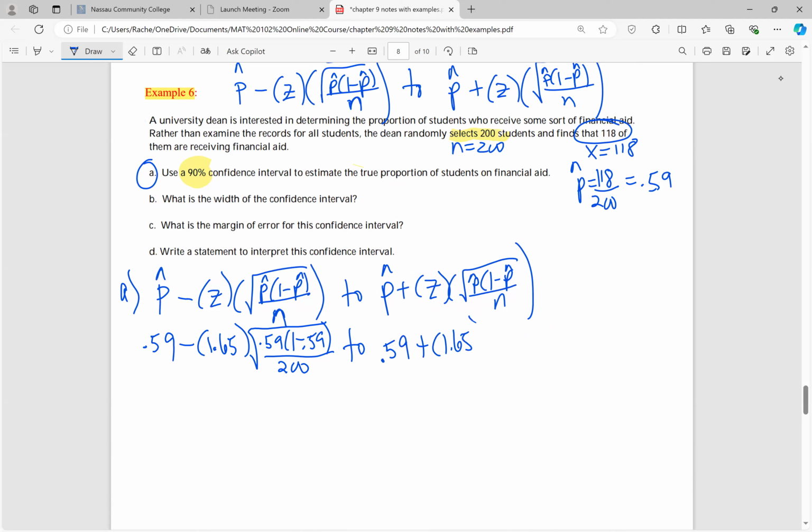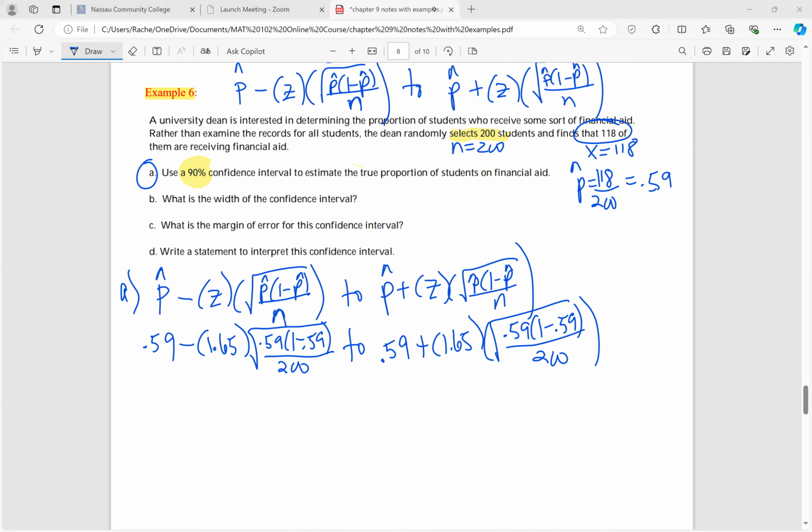So we're going to add 1.65 times the square root of 0.59 times 1 minus 0.59 over 200. And then this we could plug into the calculator. So we have 0.59 minus 1.65 times the square root of 0.59 times 1 minus 0.59 over 200. I just wanted to write that down before I go over to my calculator.